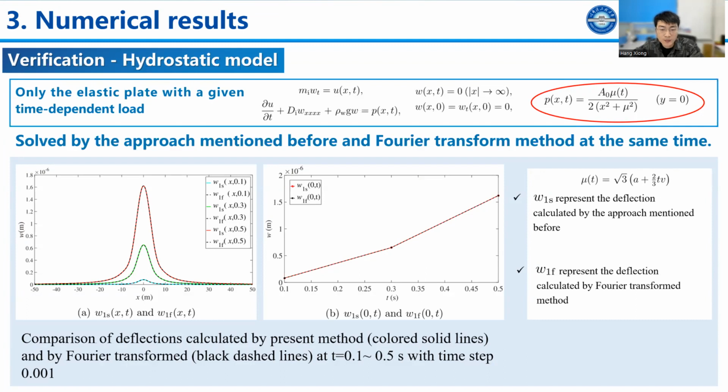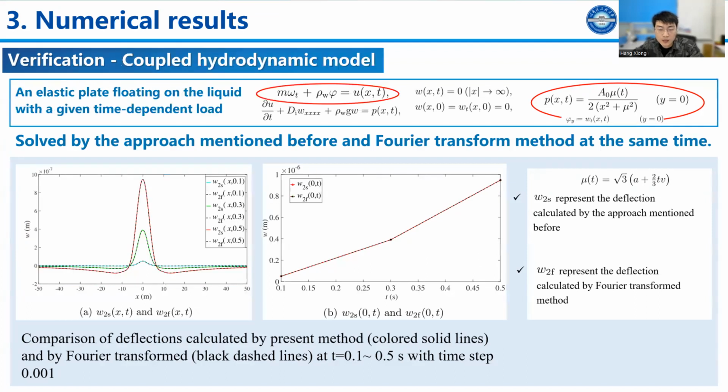And then the coupled hydrodynamic model is provided here to include the fluid effect. It considers the liquid and the hydrodynamic pressure based on the hydrostatic model. And also, it is solved by the approach mentioned before and the Fourier transform method at the same time.